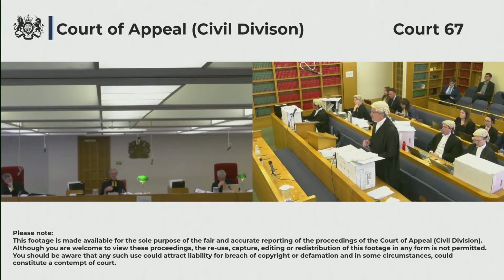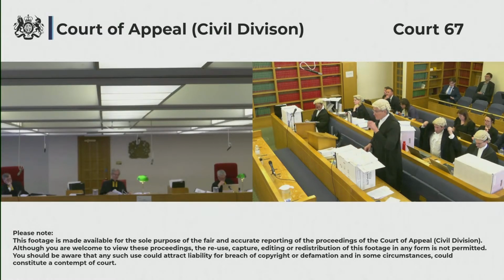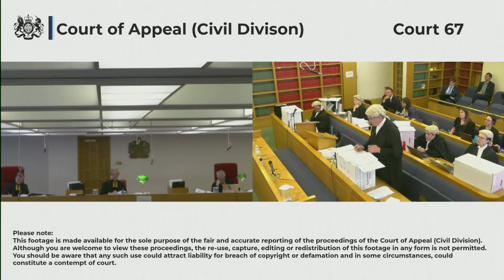I see the point in terms of the words, but the proceedings were issued in 2019. The second set of amendments was made in January 2020. They must have had knowledge by then, mustn't they? Well, our case, of course, is that they had knowledge. No, I follow, of course.